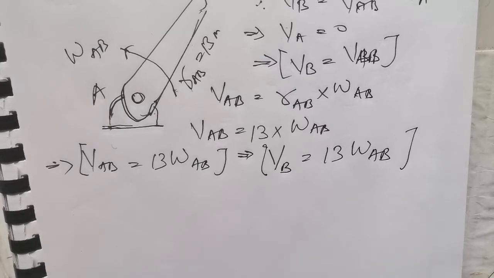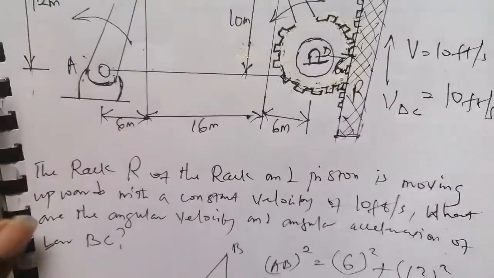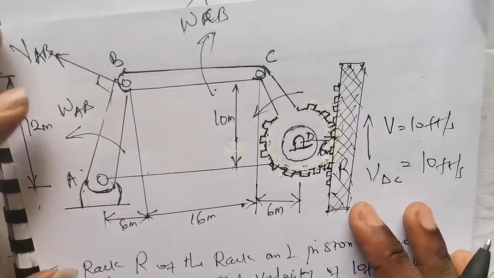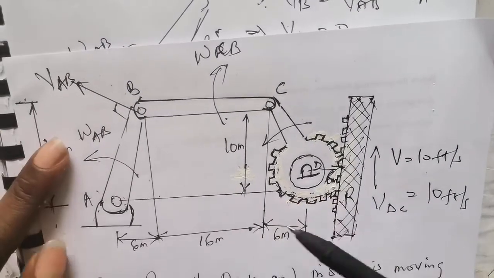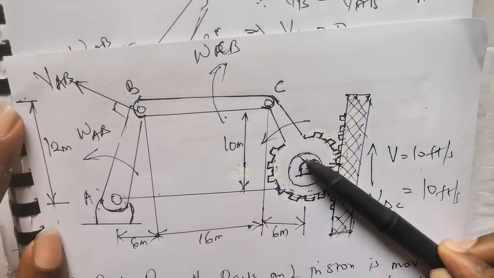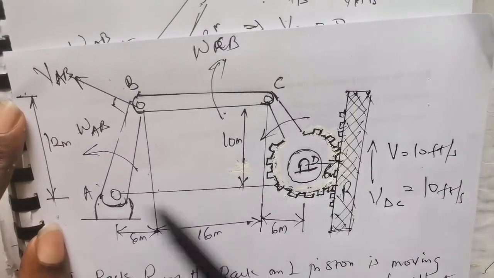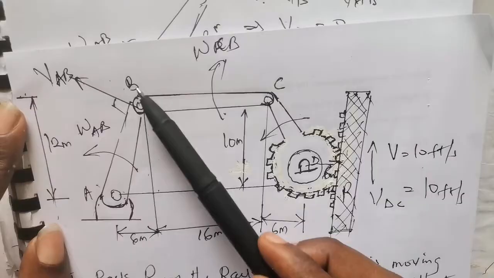Now let's fall back to the diagram. In the previous video, I explained that if this arm is under pure rotation and this arm is also under pure rotation, which means they are fixed, then the arm in between is not fixed.